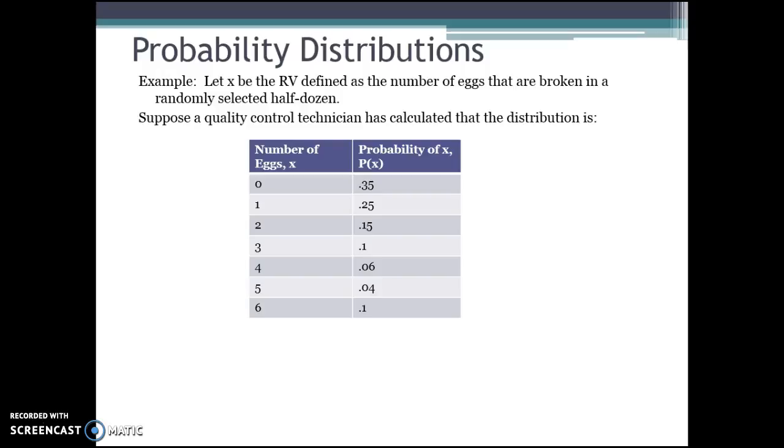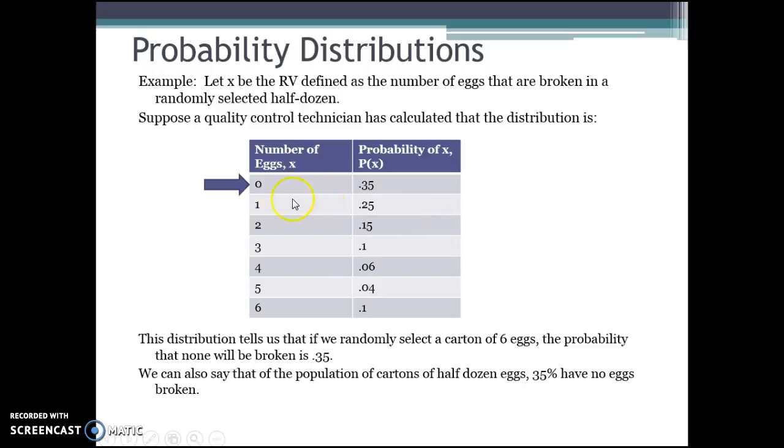So for example, we have X being the number of eggs that are broken in a randomly selected half dozen of eggs. So if we imagine, you've got a quality control technician who's figured out that in all of the half dozen eggs cartons of eggs, you've got 35% of them, 0.35, have none in them that are broken.